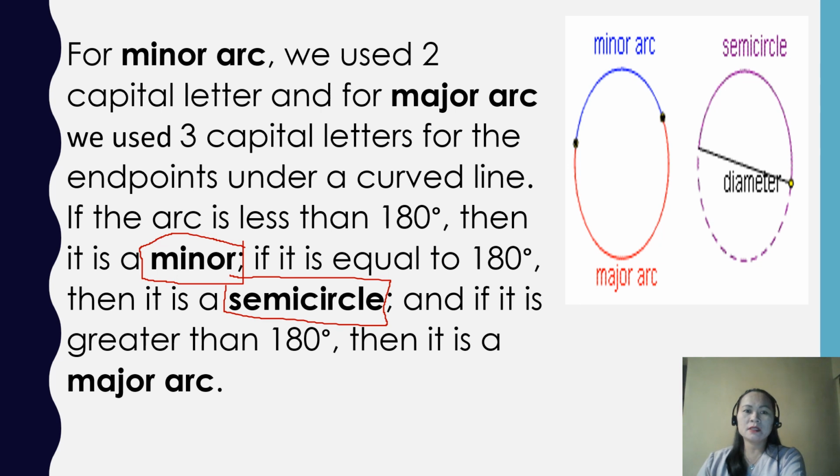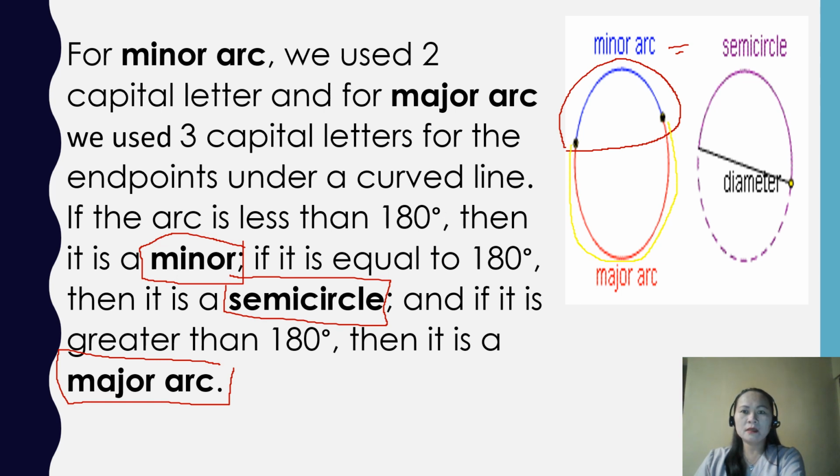And if it is greater than 180 degrees, then that is a major arc. In the illustration, the blue curve is the smaller portion of the circle, so this is the minor arc. And the red curve is the larger portion of the circle, so this is our major arc.